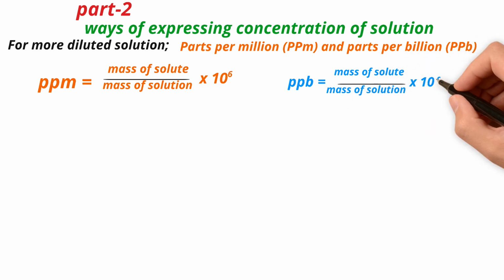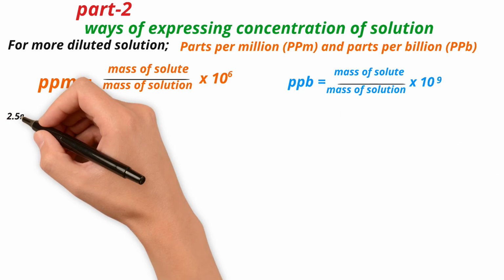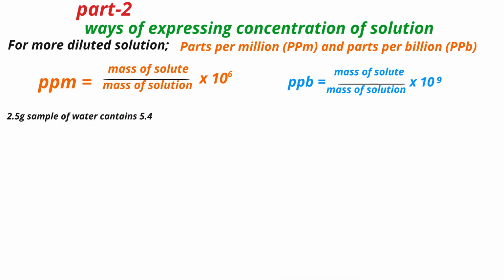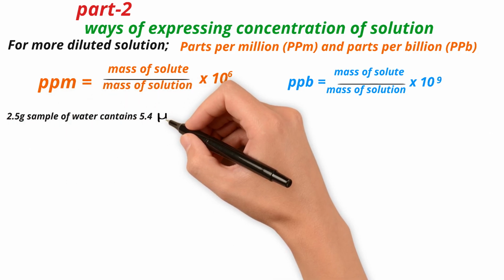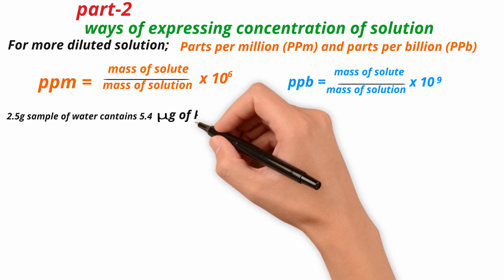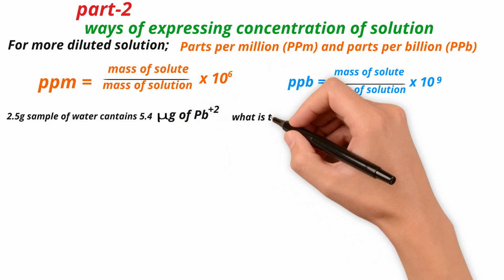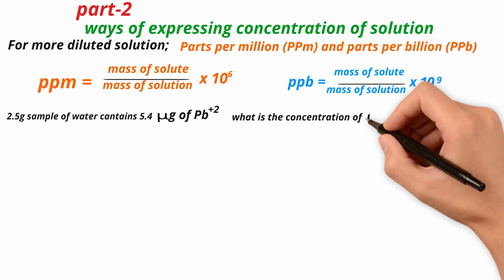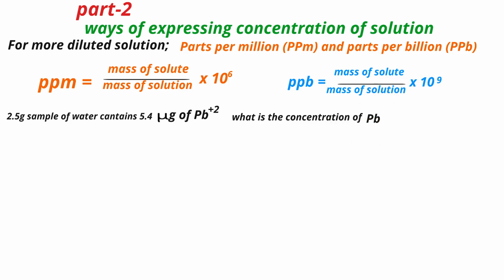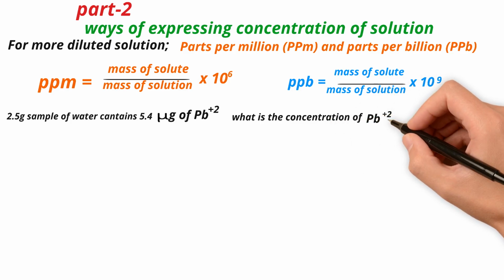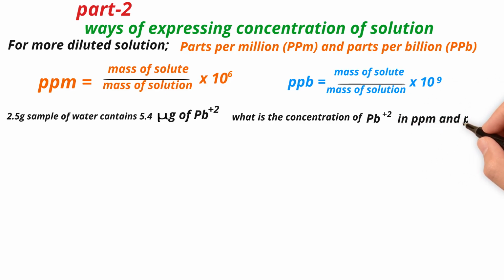Now let me give you an example for both parts per million and parts per billion. A 2.5 gram sample of water contains 5.4 microgram of lead plus 2. What is the concentration of lead plus 2 in both parts per million and parts per billion? Now let us consider the given quantity.